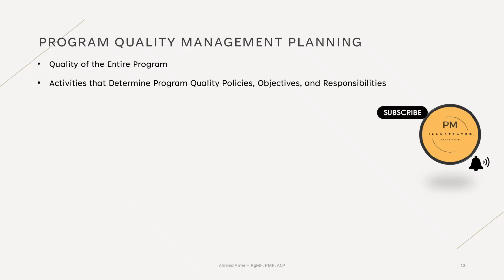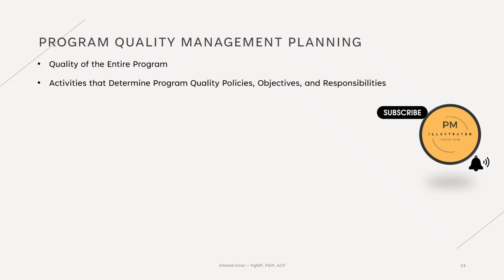This is where the program quality management plan comes in. It's a component of the overall program management plan, and it explains how the organization's quality policies will be applied throughout the program. Think of it as the playbook that aligns everyone around the same definition of quality.